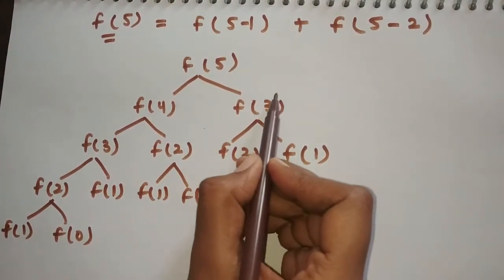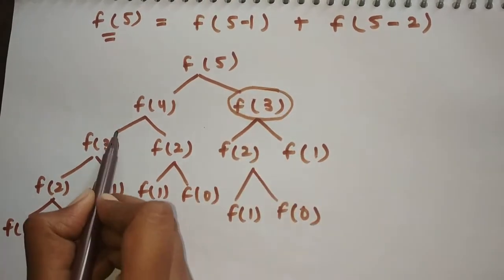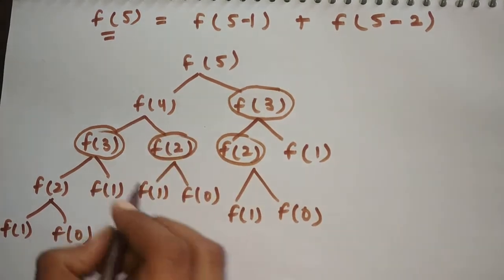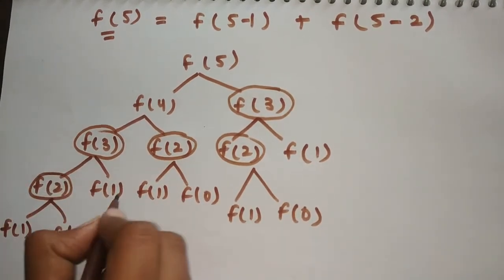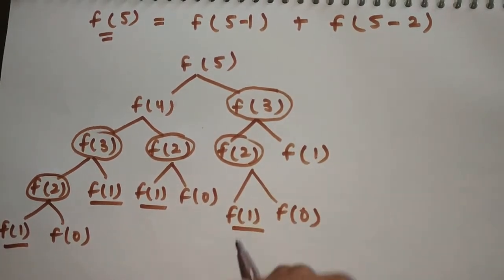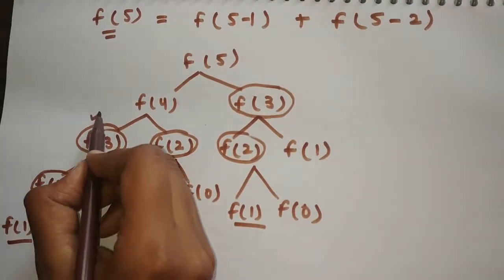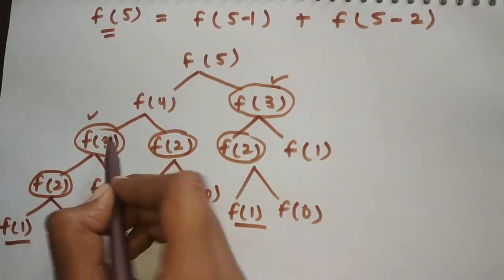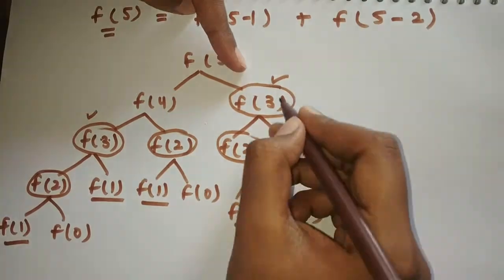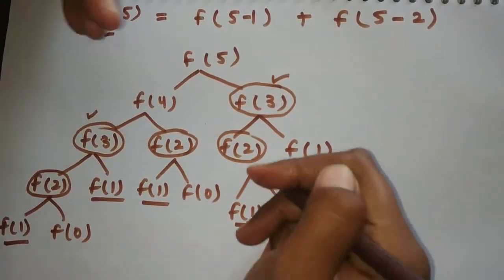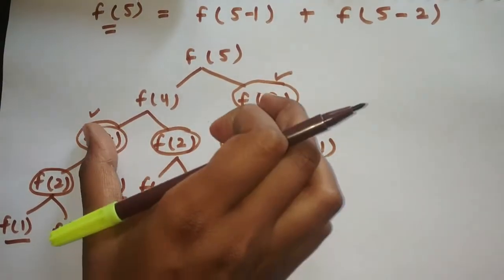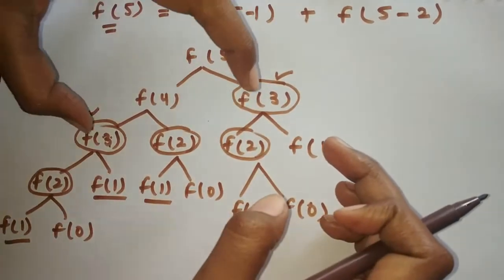So what are we saying here? We are saying that there are subproblems which are the same: f of 3, f of 3, f of 2, f of 2, f of 2, f of 1, f of 1, f of 1. What will dynamic programming do here?